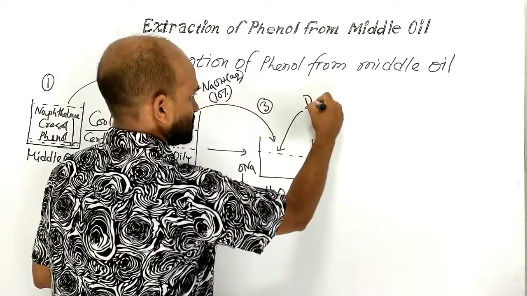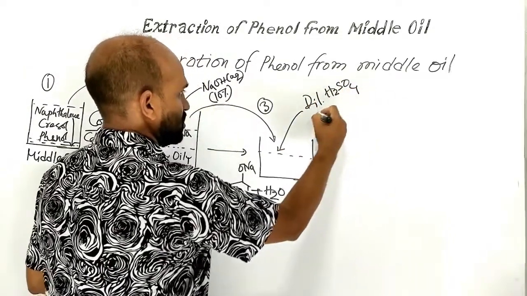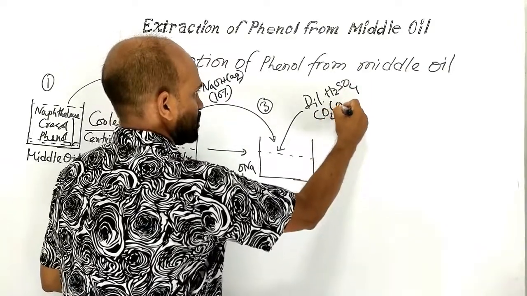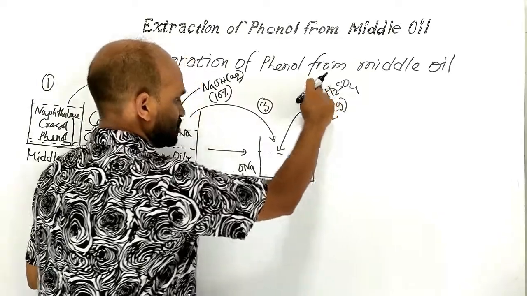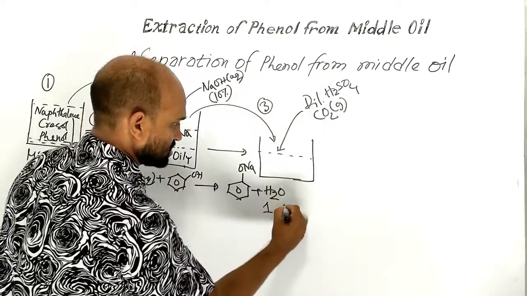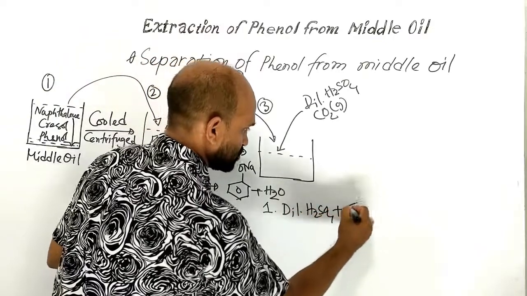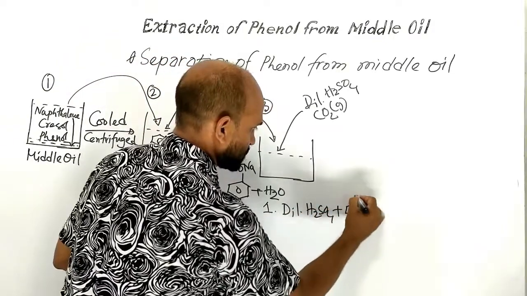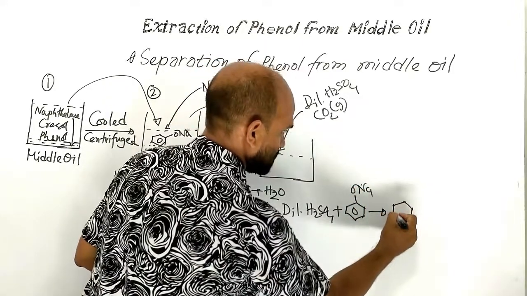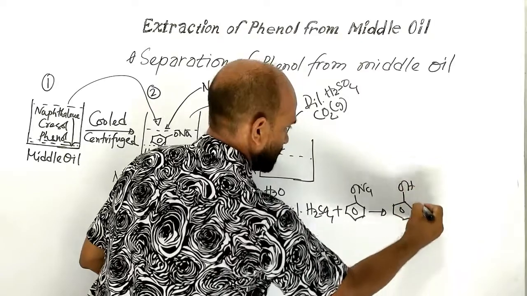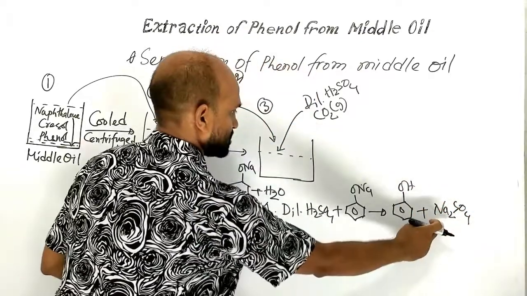With this, diluted sulfuric acid is added, or carbon dioxide gas is passed through the solution. When diluted sulfuric acid is added, then it reacts with sodium phenoxide to form phenol and sodium sulfate as byproduct.